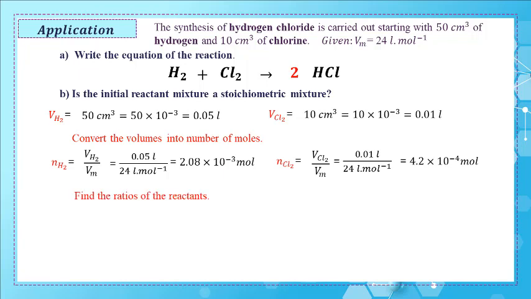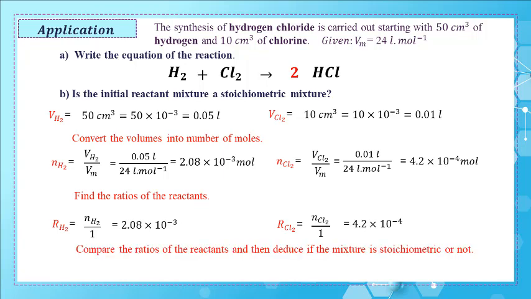The second step, we should find the ratios of the reactants. Ratio of H2 is equal to the number of moles of H2 over 1. It is equal to 2.08 times 10 power minus 3. Similarly, the ratio of Cl2 is equal to 4.2 times 10 power minus 4. We should compare the ratios now.